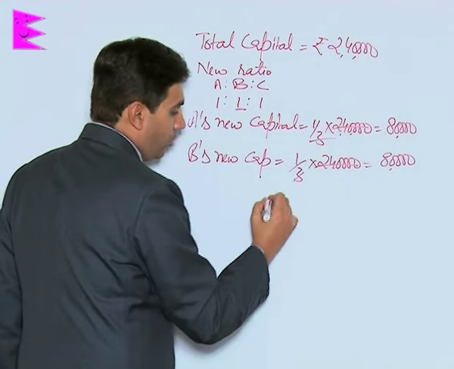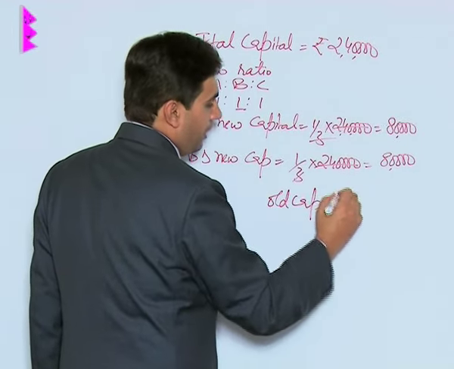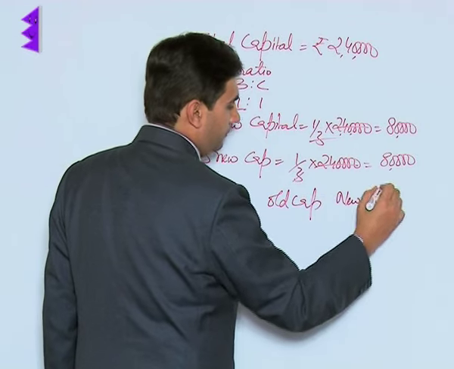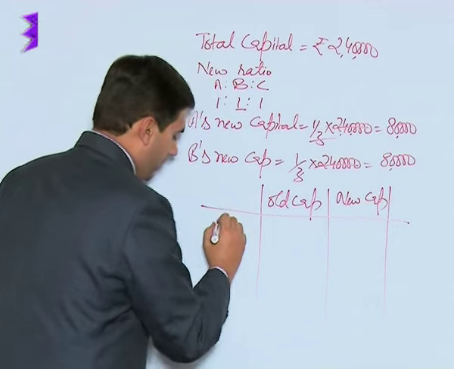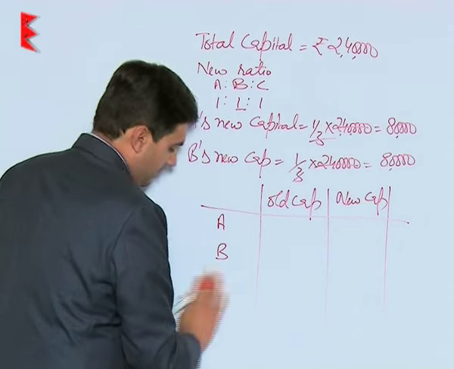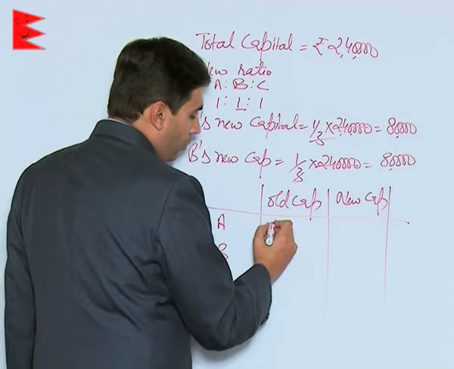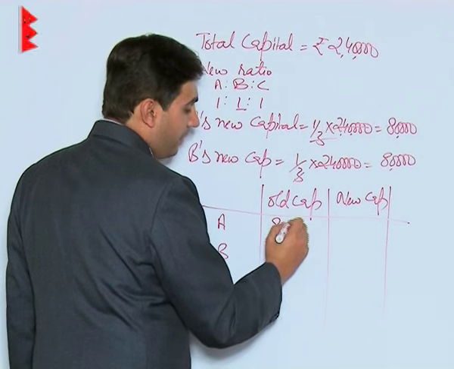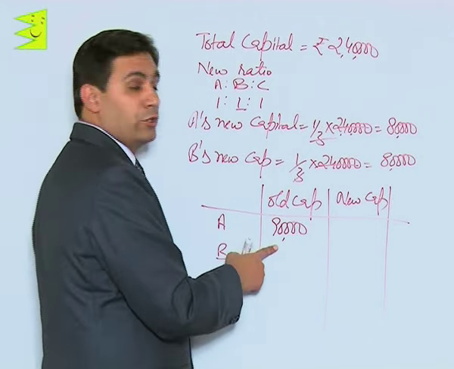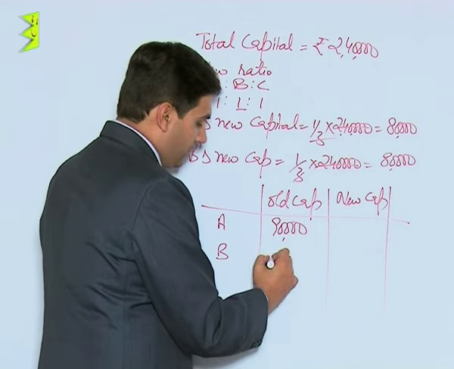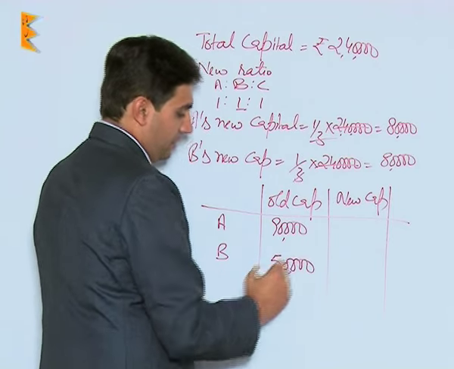So students, old capitals and new capitals. For A, B and C, C is obviously a new partner. So old capital of A after all the adjustments, remember this should be after all the adjustments, was given to be 90,000 and for B it was given to be 50,000.